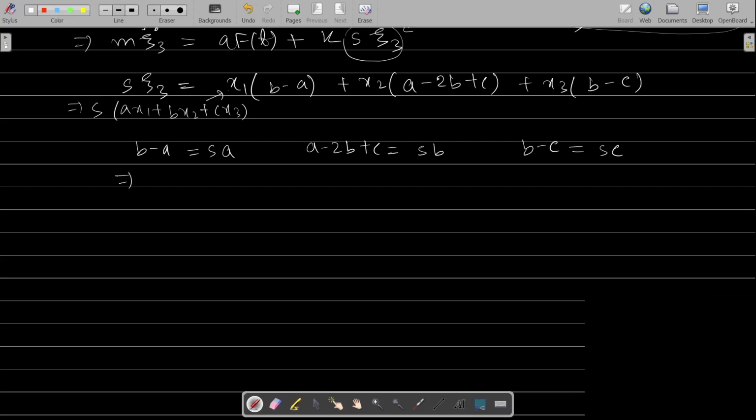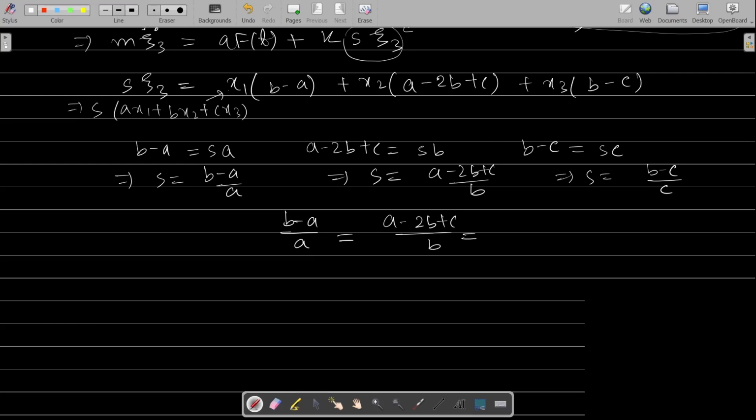Now we know that s is (b minus a) by a, s is (a minus 2b plus c) by b, and s is (b minus c) by c. So we have these equations that need to be fulfilled if we want psi3 to be a normal coordinate.